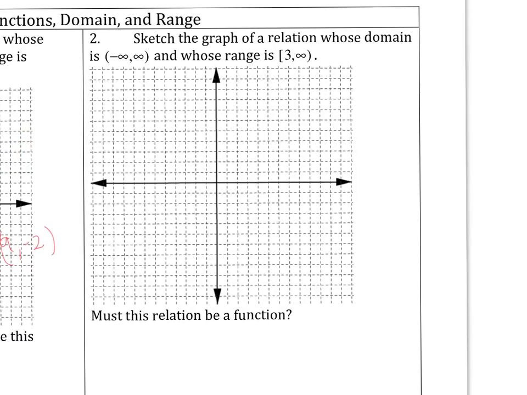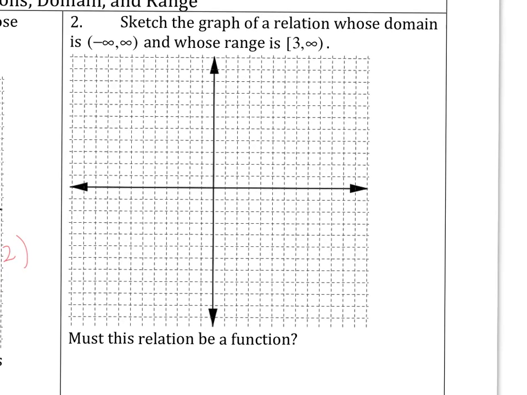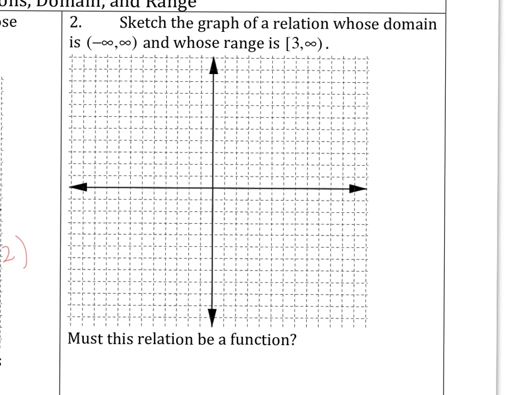For our second graph, it asks us to sketch a graph of a relation whose domain is -infinity to infinity. As soon as I see that, I know it has to go off in both directions, and whose range is 3 to infinity. What that means to me is that we're starting at a value of 3, and that we're going up at some point forever.